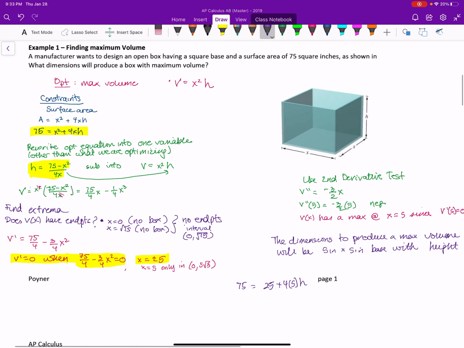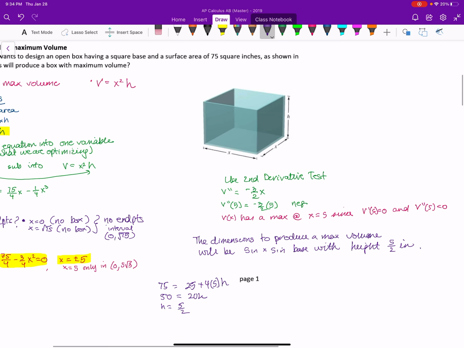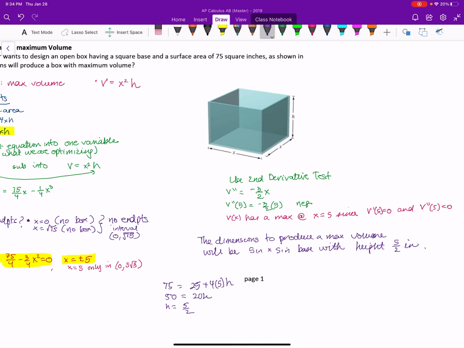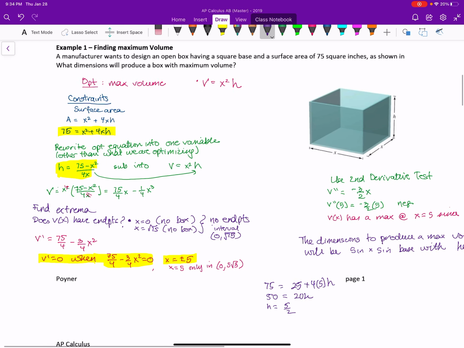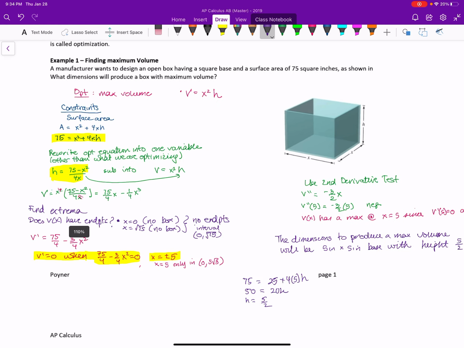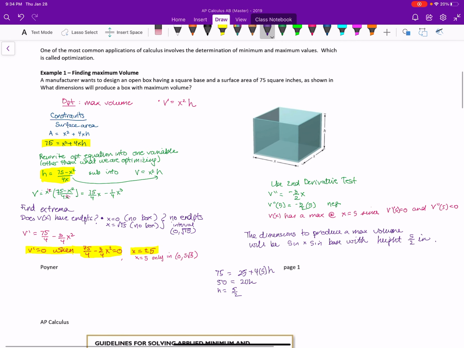So that's what we're looking for here. That's going to give me 50 is equal to 20h, and then h ends up being 5 over 2. And that's where I got the 5 halves. Or if you prefer, write 2.5, that also works. So that's basically using derivatives for something I think you may have done in pre-calc already. But if you haven't, hey, here's the way you can now use calculus to do that particular problem.